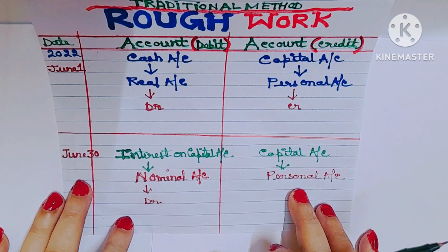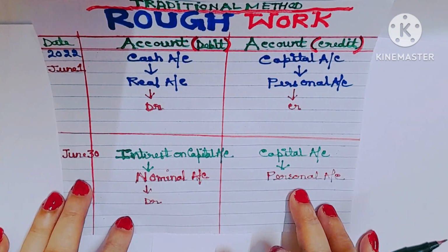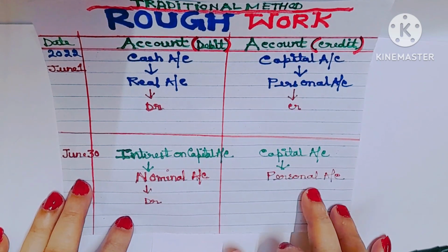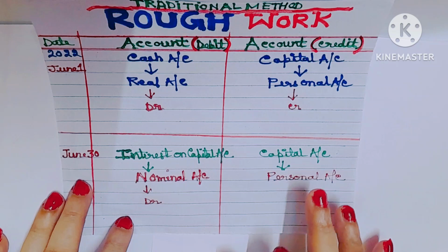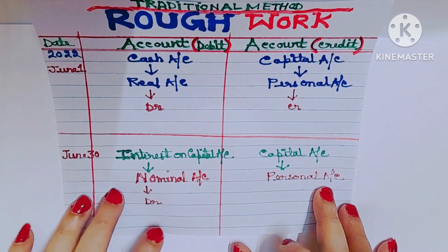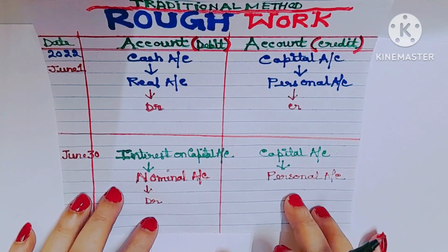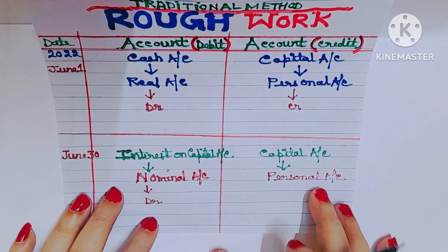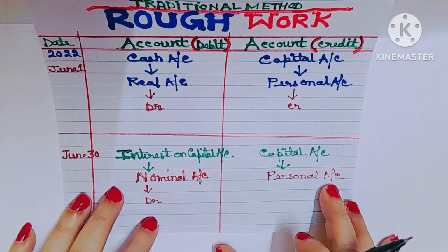But the business will not pay interest on capital in cash to the proprietor, rupees 60,000. Rather, it will increase the proprietor's total capital investment by interest on capital. So the additional capital is 60,000. So this 60,000 is a part of the total capital 6 lakhs 60,000.